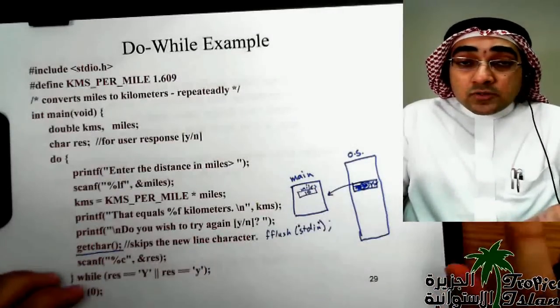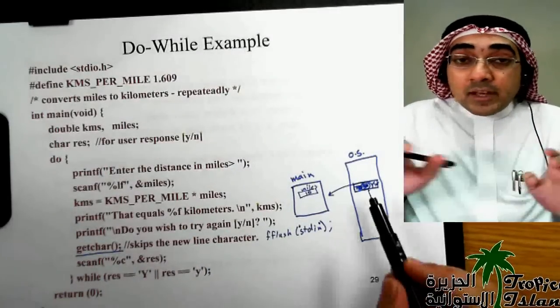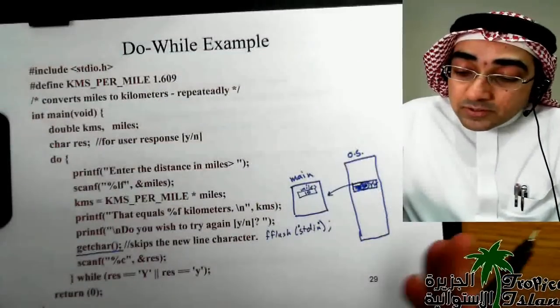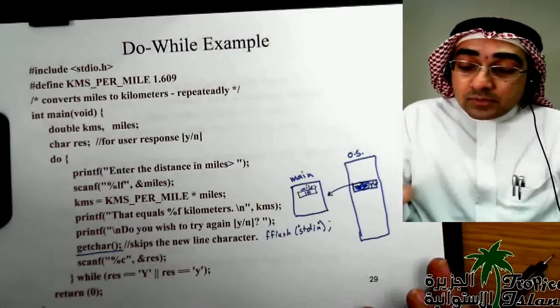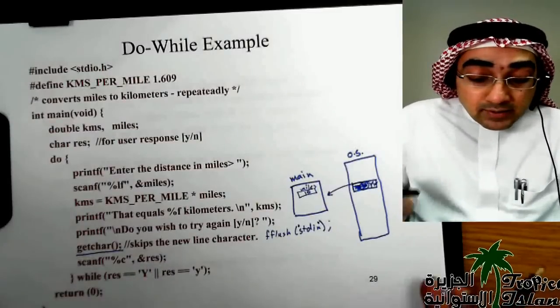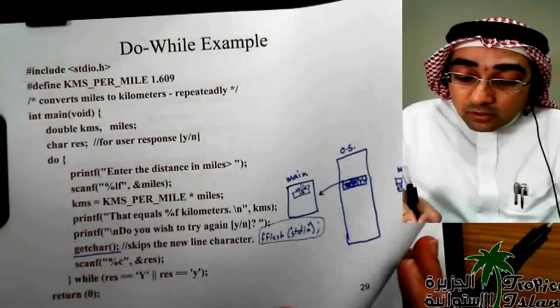Okay, so flushing the buffer means go zero it out, clear it out for me, so anything in it delete it and make a new buffer for me. So the operating system is going to delete anything in it and you get rid of the \n, and then when the user enters something, he enters into a new buffer, and then you get rid of this problem. So this is a better way of treating this problem.